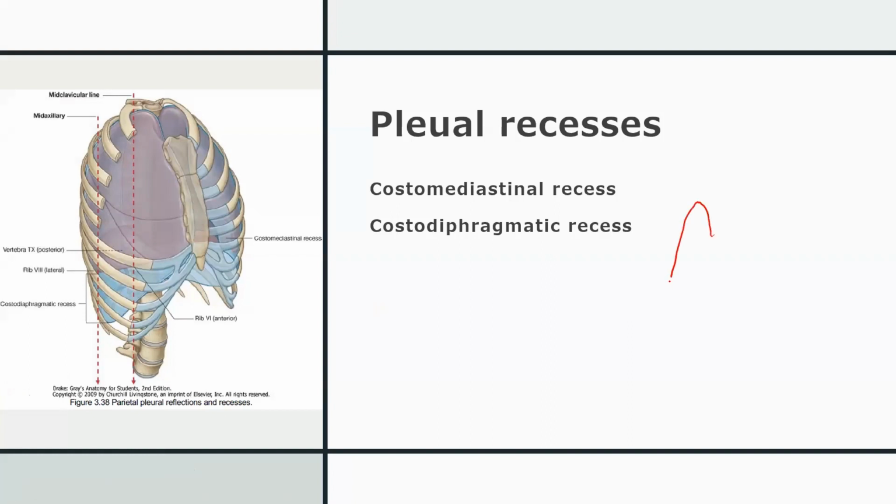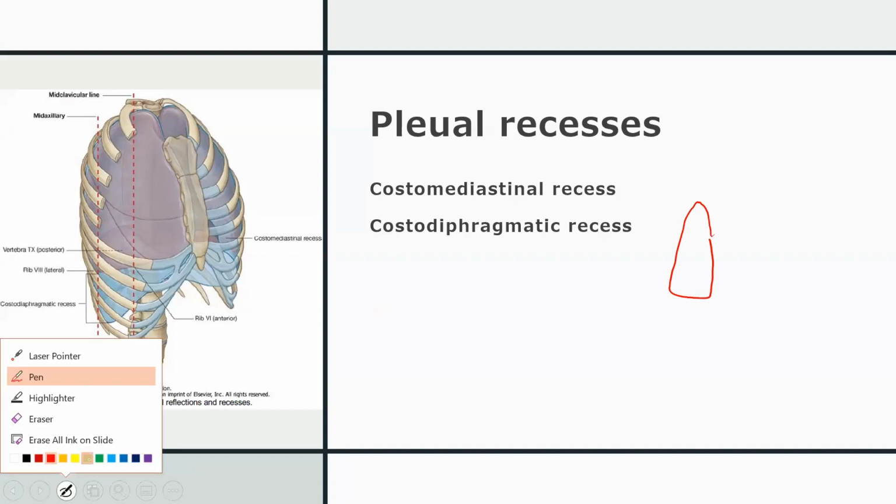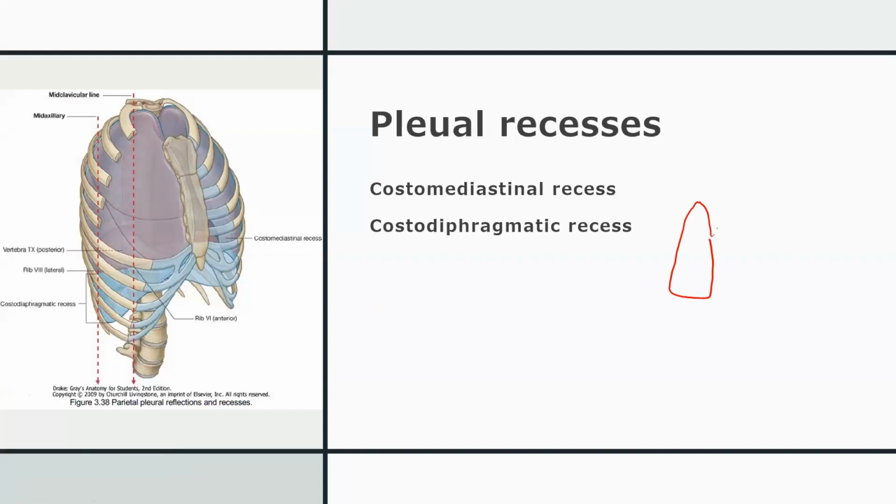So if we consider this as the lung, you have the visceral pleura in contact with the lung. Then you have the parietal pleura. It is usually in direct contact with the visceral pleura, but in some areas there's a small space, like here and in this region.